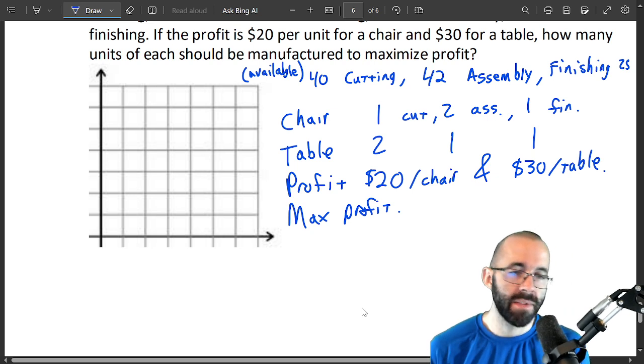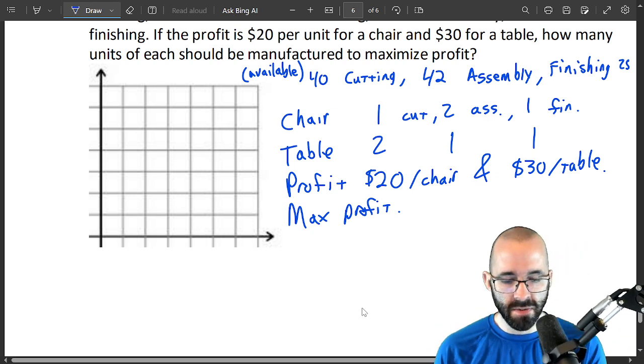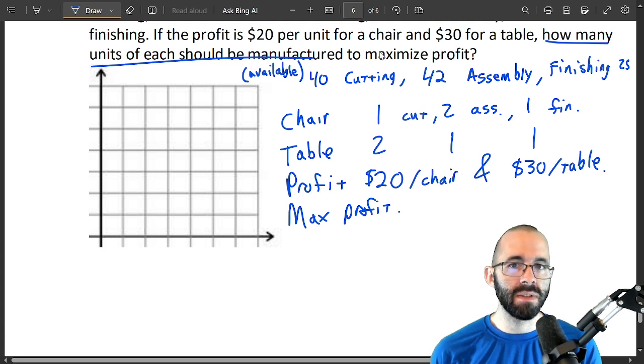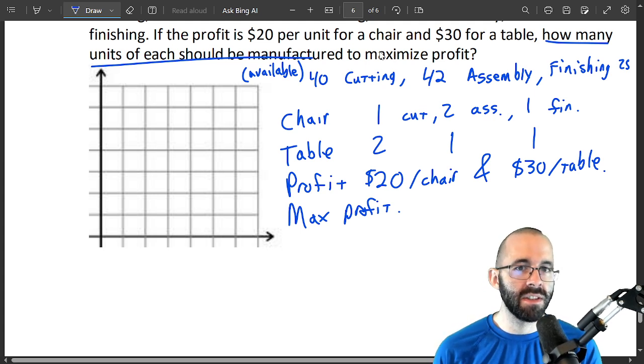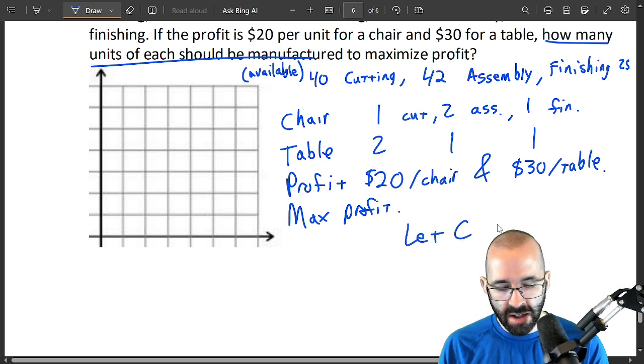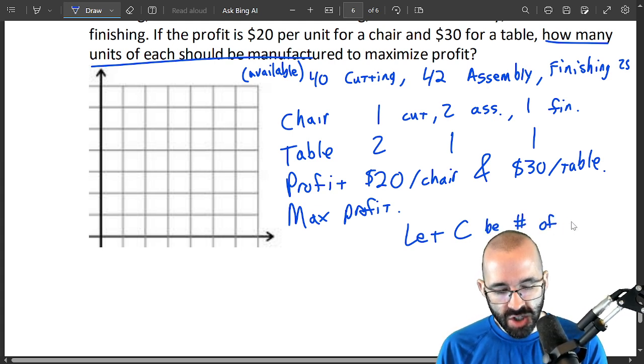Okay, so step 1, what are our variables? Look at what it's asking. Those are our variables. How many of each? Okay, so let's let C, I've been using a lot of X and Y, C be the number of chairs to produce.